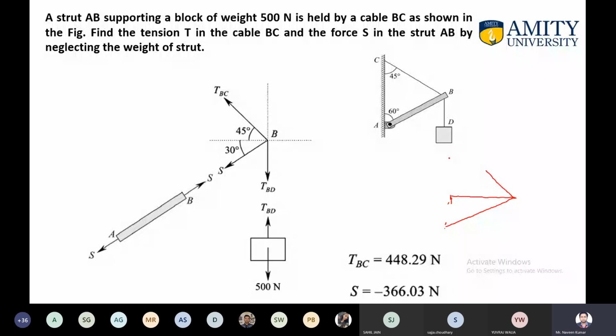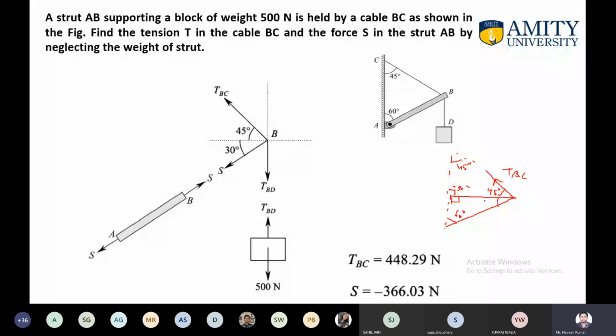This is also vertical here. It makes an angle of 45 degrees here, and here it is making 90 degrees. So how much is left for this? This is 45 degrees for the TBC. Similarly this is 90 degrees here, and this is 60 degrees here. So how much is left here?